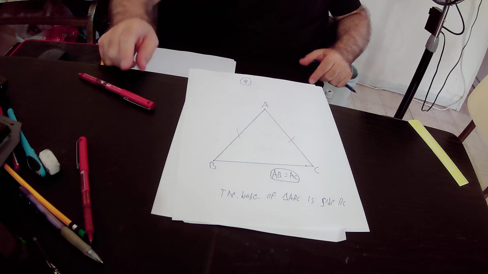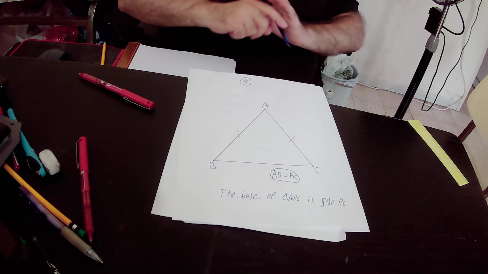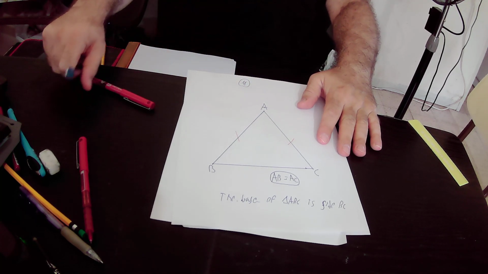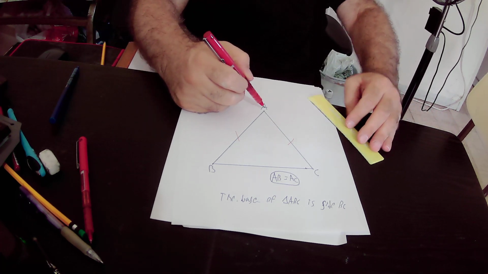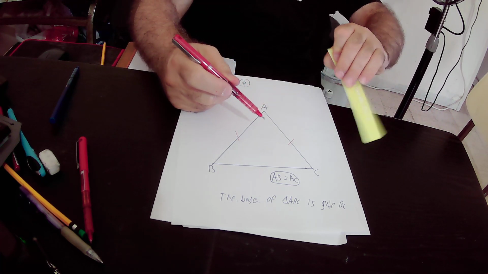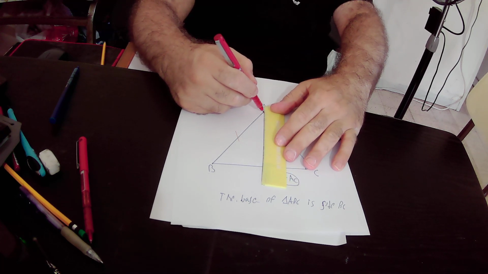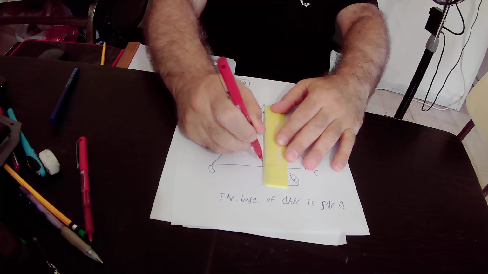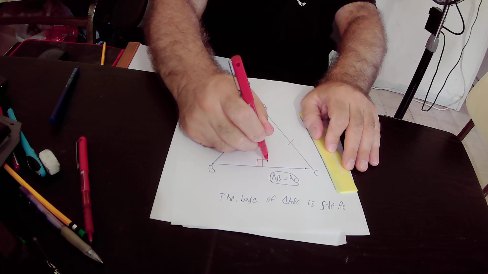Then if we draw a perpendicular from point A to the base BC, this angle is a right angle and this angle is also a right angle.